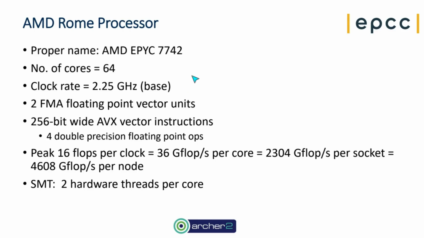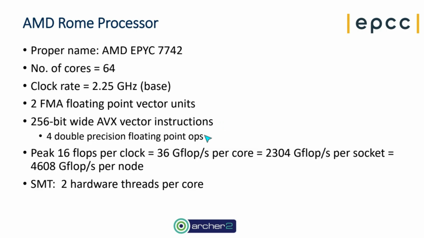Each core has two floating point vector units which execute fused multiply add instructions. This is basically an add and a multiply encoded in a single instruction. It has 256-bit wide AVX vector instructions.